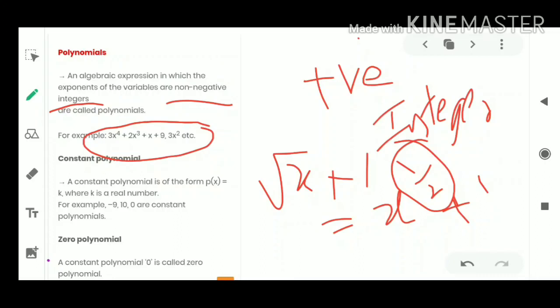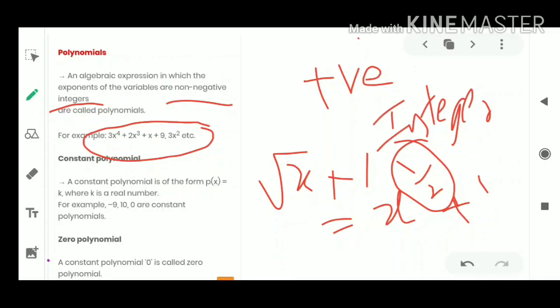These 2 points you have to keep in mind whenever you check whether the given algebraic expression is a polynomial or not. You just see whether the power is positive or not. Then only it will be a polynomial.